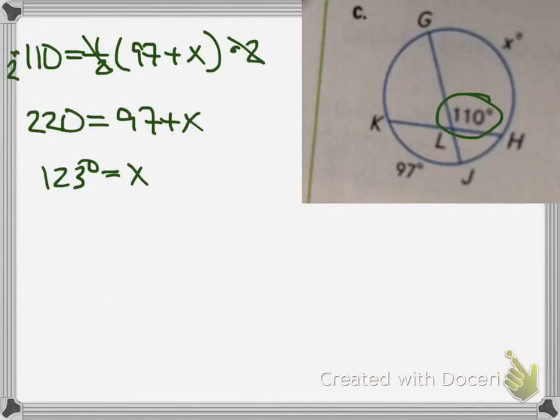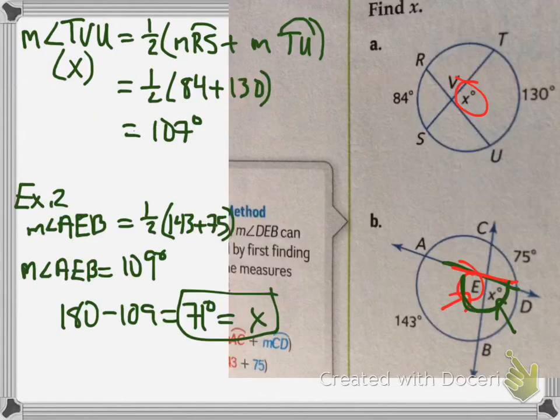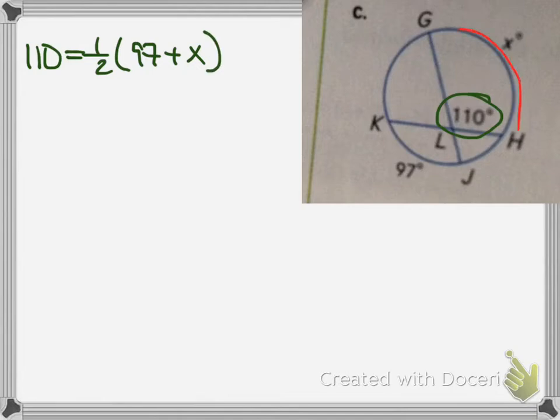Let's do another example. Oops, I almost forgot. So how about this one? Well, this one, they give me that interior angle, and I have to find one of the arcs. So here the 110 equals half of 97 plus x. Remember, you add up the arcs to get the interior angle.